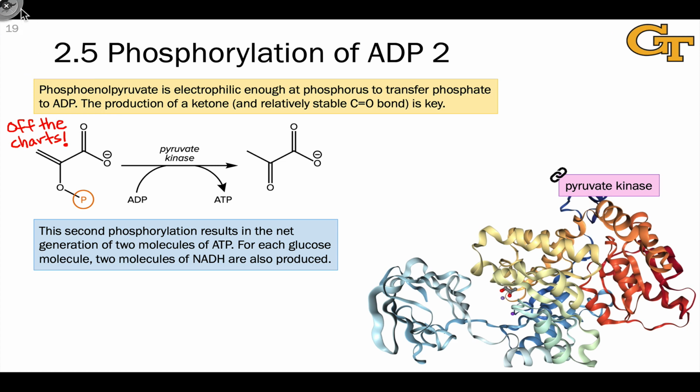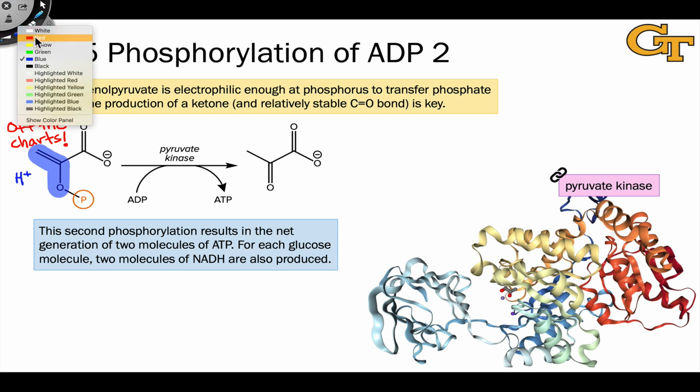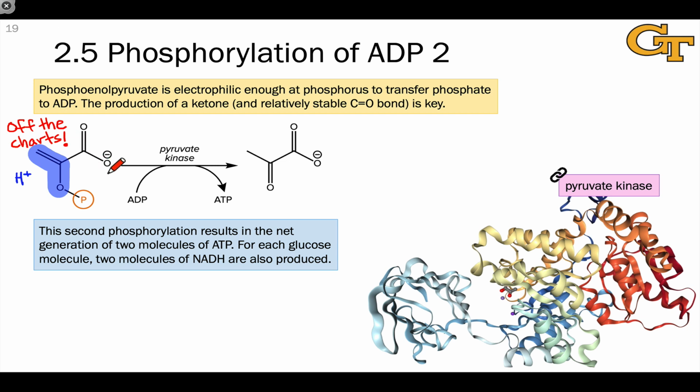In terms of electron flow, the basic idea of step 2.5, which is another phosphorylation of ADP, is the same as it was in the case of 1,3-bisphosphoglycerate. We've got a phosphoryl group linked to a resonance-stabilized leaving group. Here it's an enol. Somewhere in the enzyme's active site, there's a proton, possibly associated with a general acidic residue.